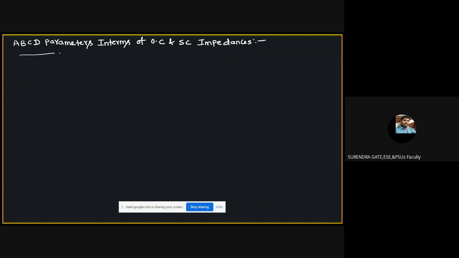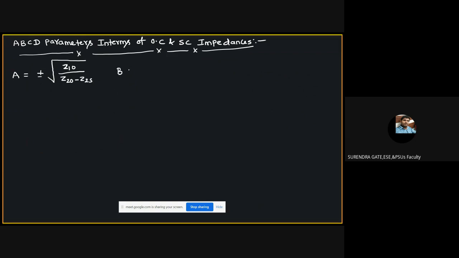ABCD parameters in terms of open circuit and short circuit impedances. Then A equal to plus or minus square root of Z10 by Z20 minus Z2S, by derivations only we can get.